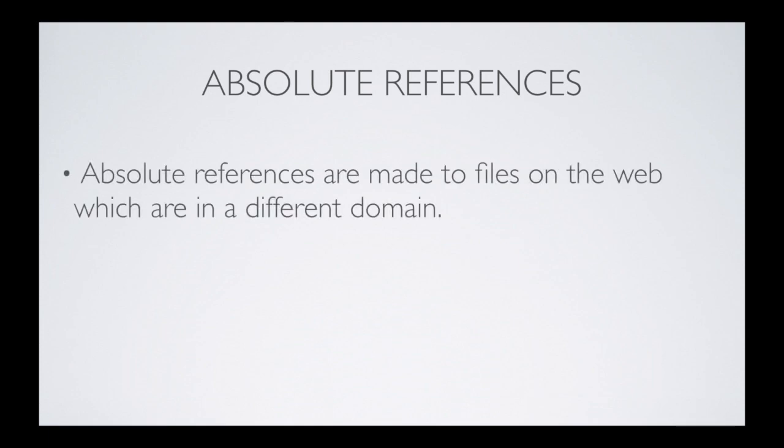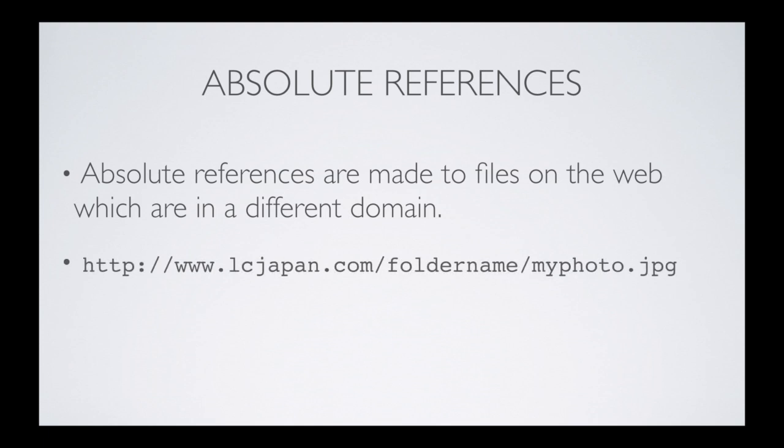Now, absolute references are different. Remember, a relative reference or a relative link is a link to a file which is in the same folder or website. However, an absolute reference is made to files on the web which are in a different domain. So this is what an absolute reference would look like. You probably recognize it.